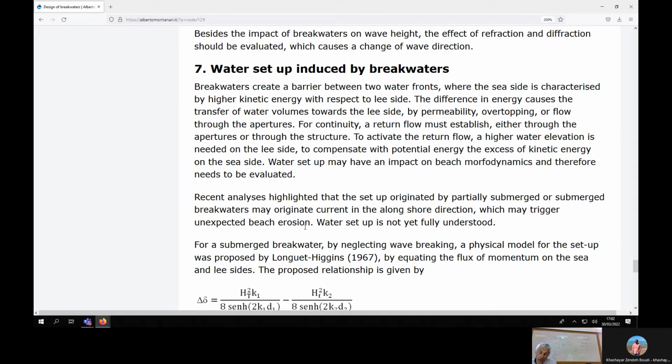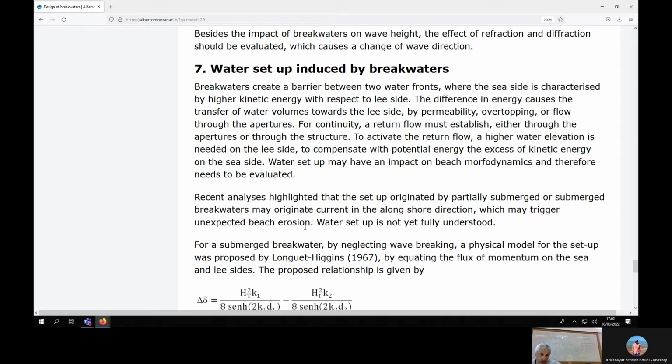So usually what happens, imagine the presence of a long breakwater. You have differences in energy along the breakwater. So behind, in the lee side, in the land side of the breakwater, you have this increased water level, and you also have differences in water level along the lee side, and then there is a transfer of water in the longshore direction.